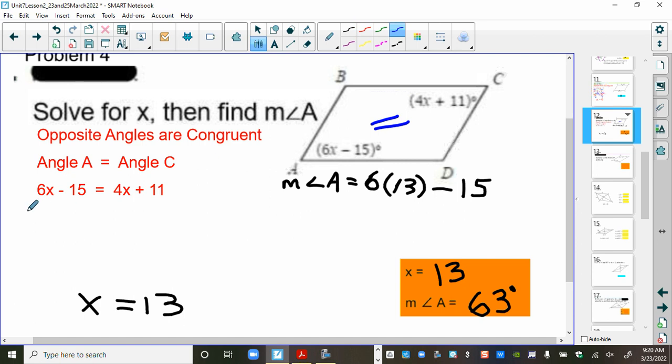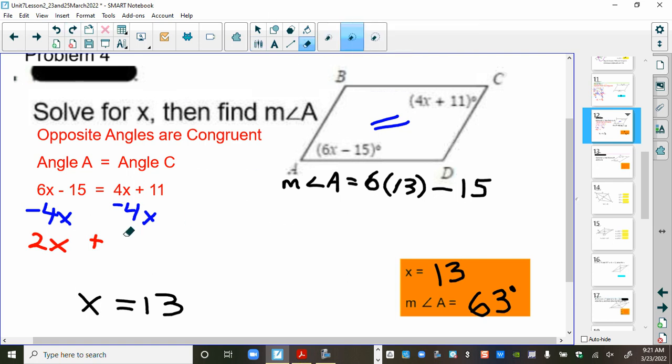I mean, you got to do minus 4x. And then you add that 15. Oops, no, don't add yet. Okay.